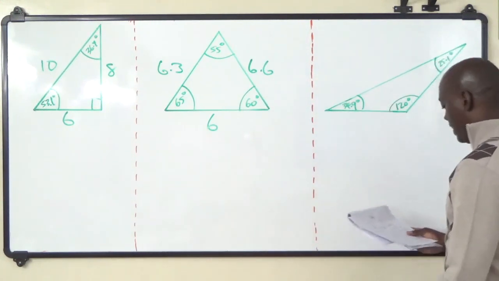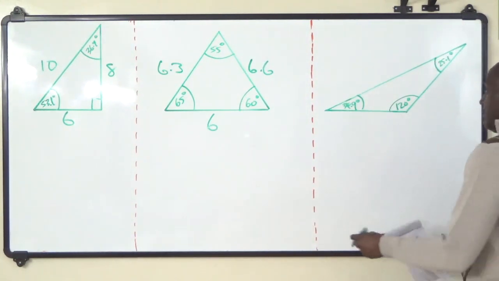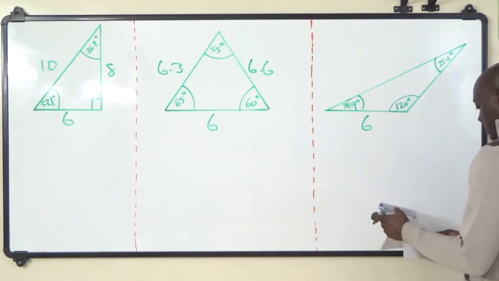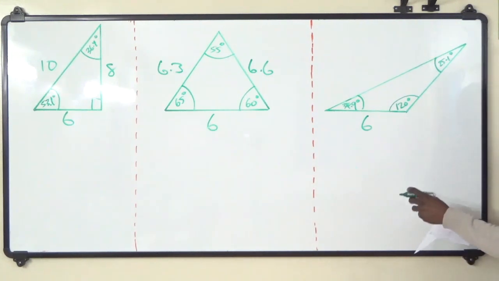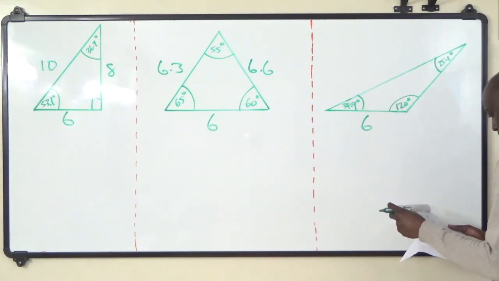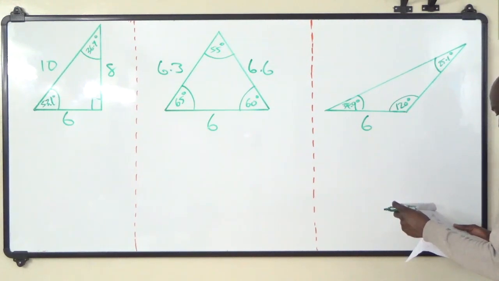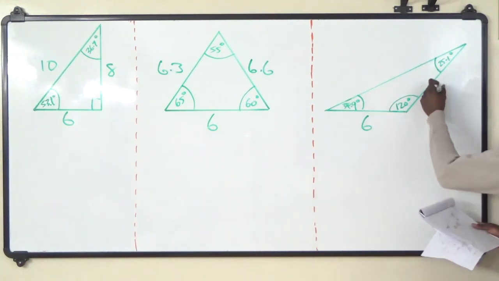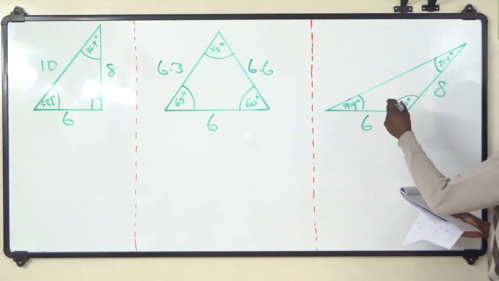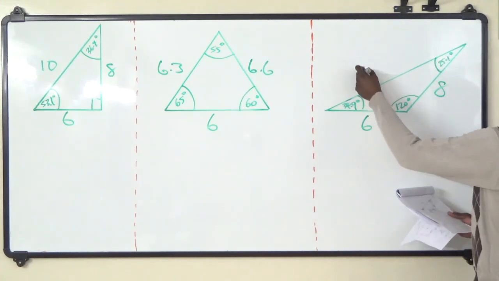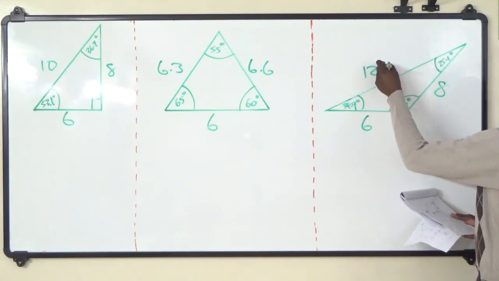And in the obtuse triangle that we have here, this side here is 6, this side is 8, and this side here is 12.2.